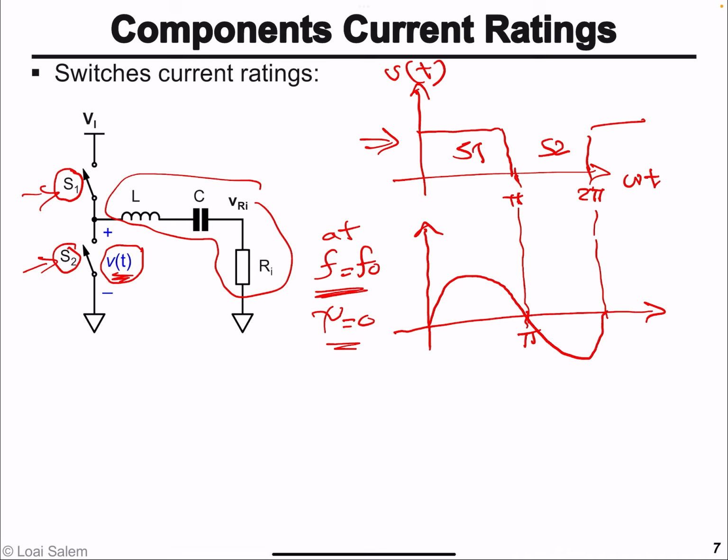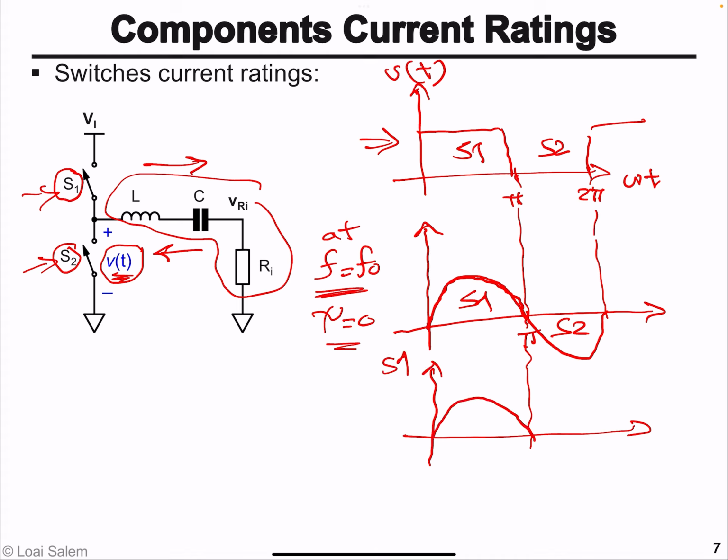And so S1 will only see the first half, and S2 is going to see the other half. So S1 would see the positive half of the sine current in the RLC circuit, while S2 will see the negative half of the RLC circuit. And then it's 0.